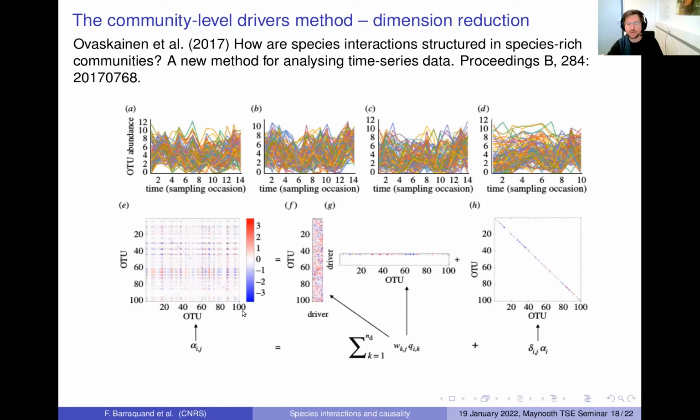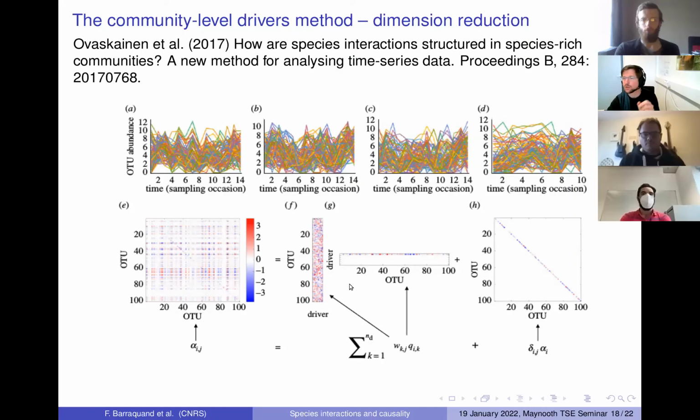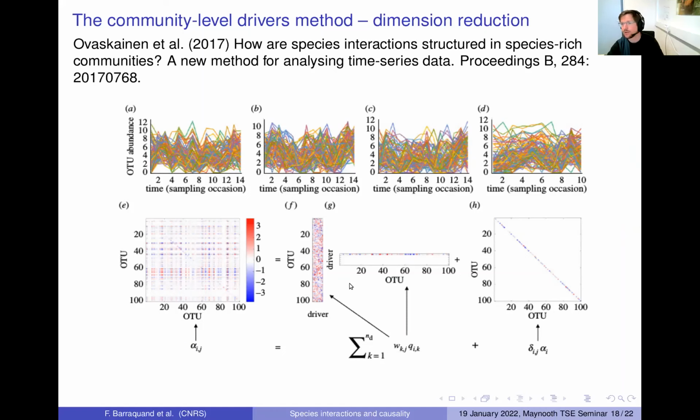Actually, they have 100 species. And they do something that looks like a PCA here, where their interaction matrix is structured with a low number of dimensions. And I really recommend reading the paper if you're interested.